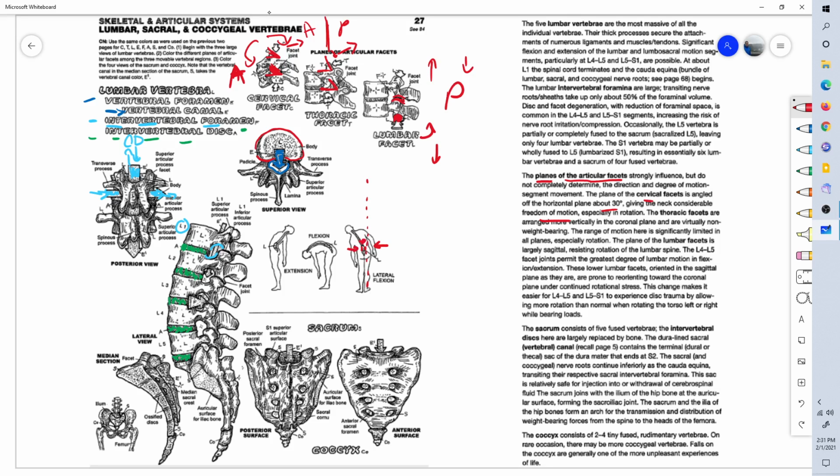Inward and outward in the sagittal plane. Facing medial, and one facing laterally, one facing medially, one facing laterally, and they join together. So here's a good look at it, the lumbar. Notice how the superior articular process is facing medially. Medially in the sagittal plane.